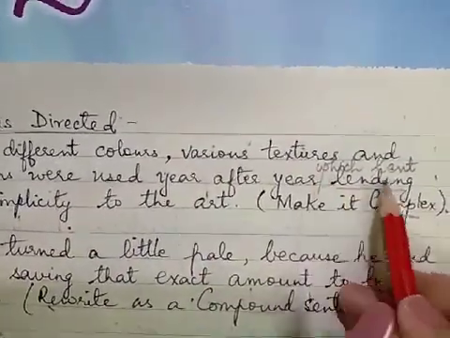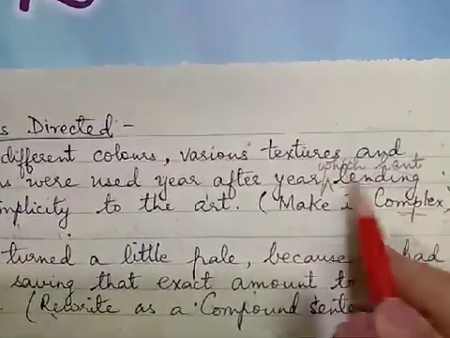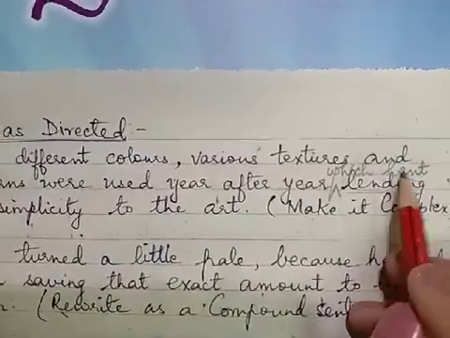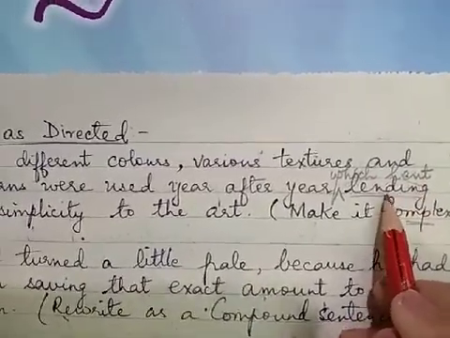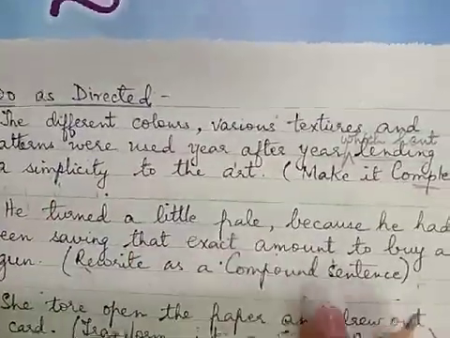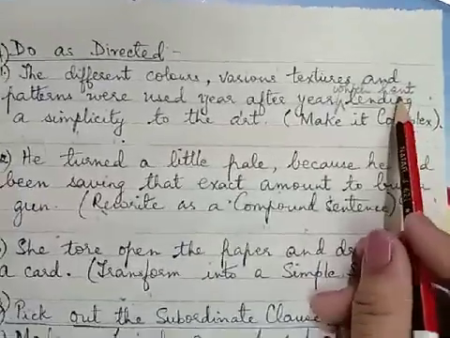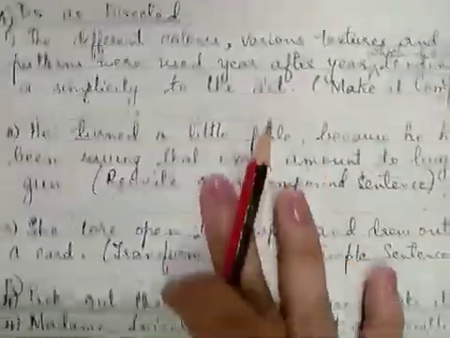So when I put which lent, you will only have to add the word which and lending will become lent. So it becomes a past form of the verb lend. Lend is a present form, lent becomes the past form, which lent a simplicity to the art. So by adding this conjunction here and getting a finite verb here, the sentence becomes complex.